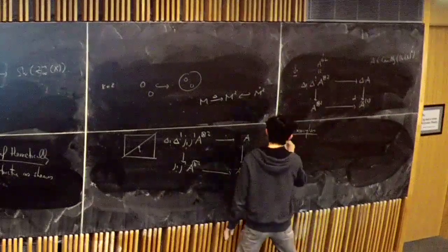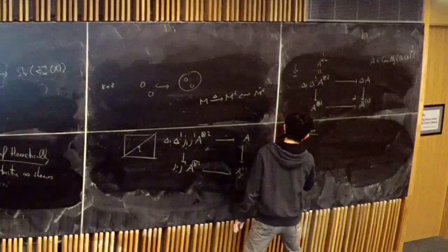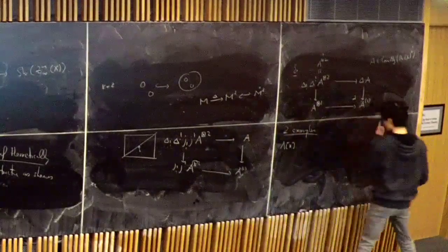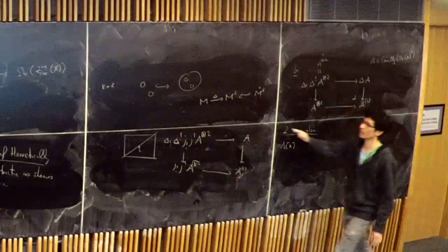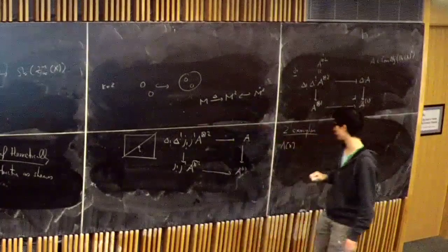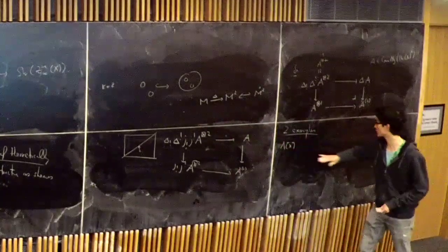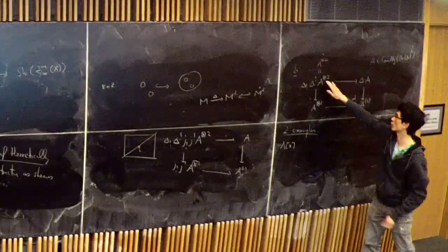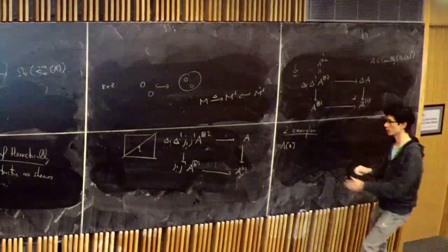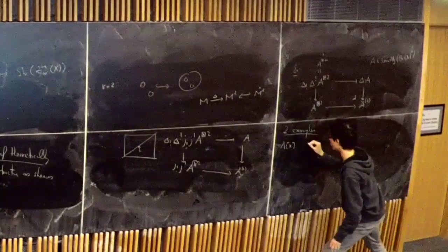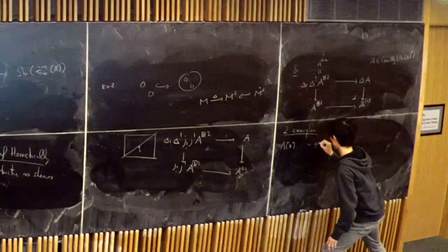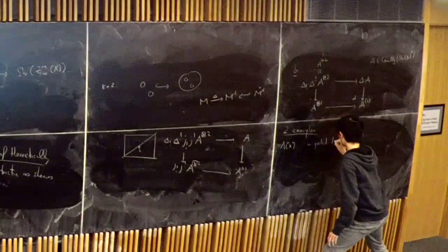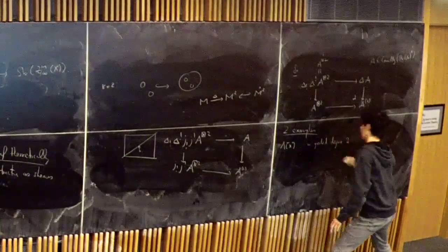So let's start with this object. Here I kind of said the story for the non-graded version, but for the graded version, you need to keep track of the total grading that you put on this thing. So for this guy, say the grading is 2.